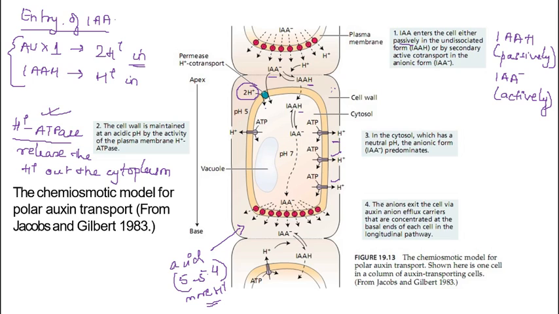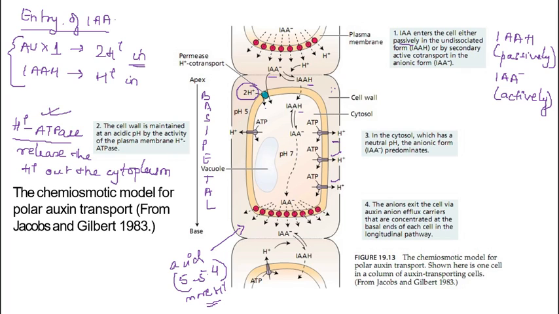Now, I discussed that the direction of auxin transport is from the apex to the base. This process of transport towards the base is known as basipetal transport. Now, the anions which accumulate here cannot exit because they are charged and cannot cross the plasma membrane.